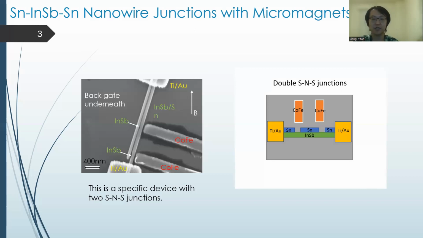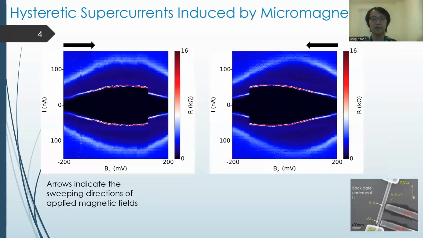This structure is also called a Josephson junction. We can inject a supercurrent through this junction. Here, I add a current source to the titanium and gold leads, and I inject supercurrents into this junction.